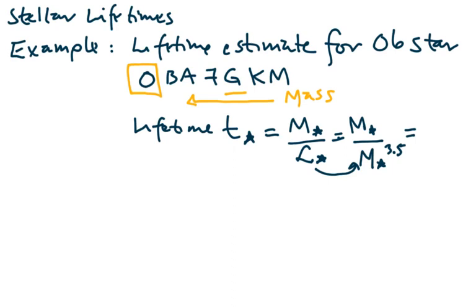And so then in total, the lifetime of the star will scale as 1 over the mass of the star to the 2.5 power.